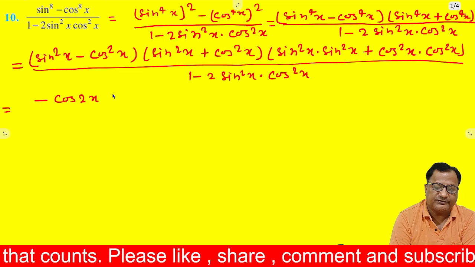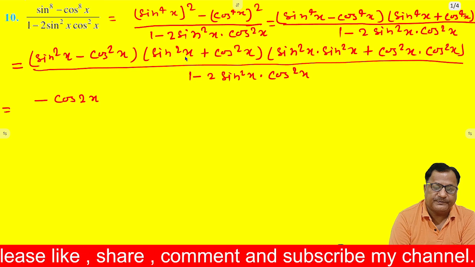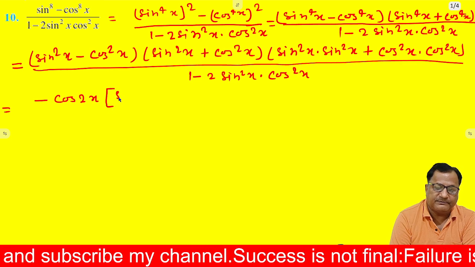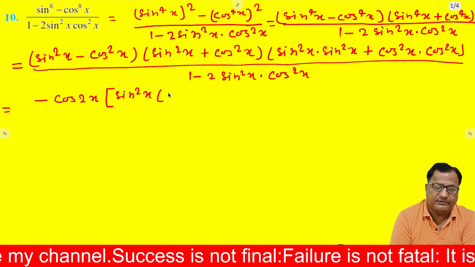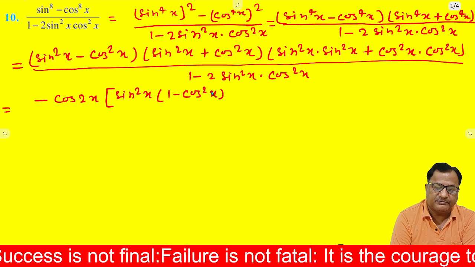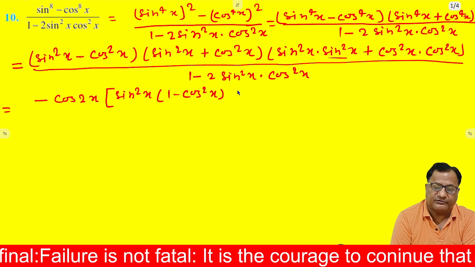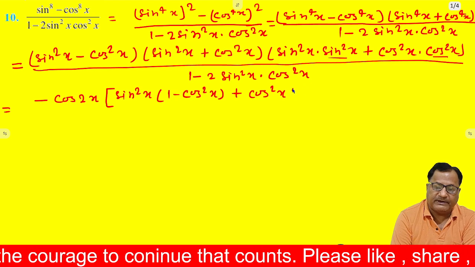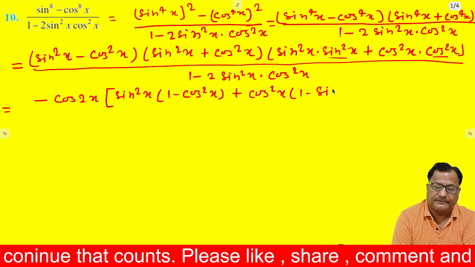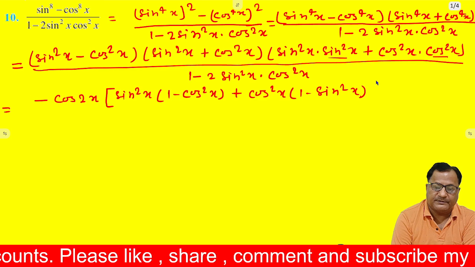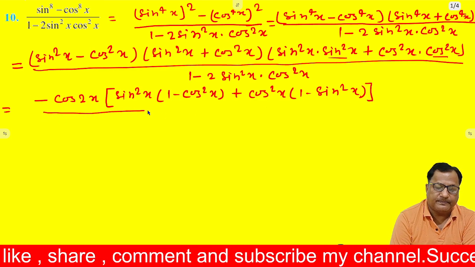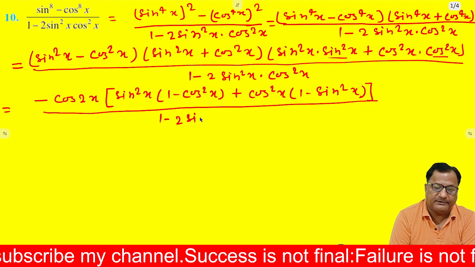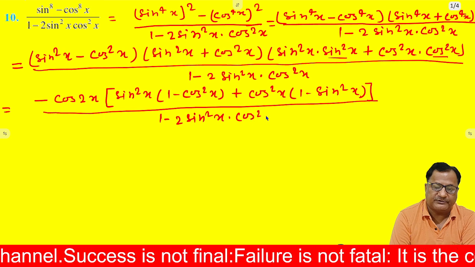So this will be minus cos 2x, and sin^2 x plus cos^2 x is 1. Sin^2 x we can write as 1 minus cos^2 x, so 1 minus cos^2 x plus cos^2 x gives 1, divided by 1 minus 2 sin^2 x cos^2 x.